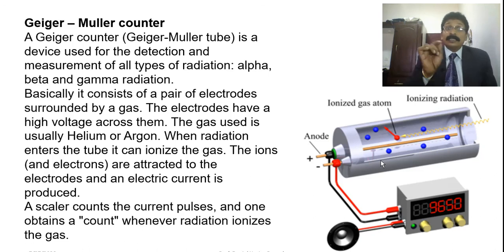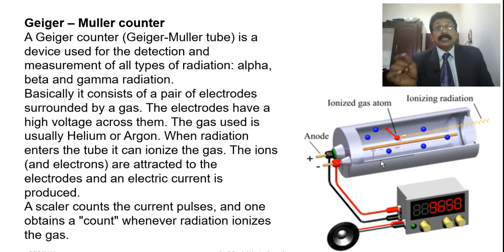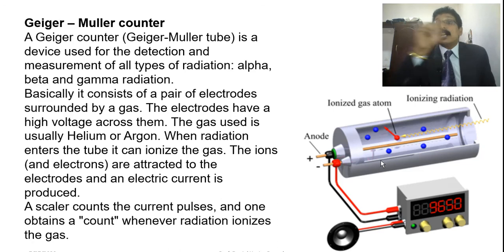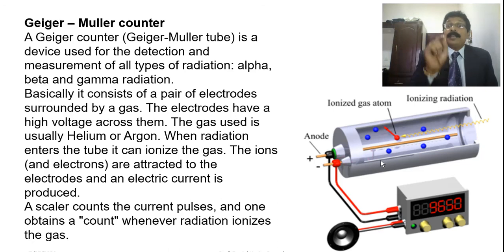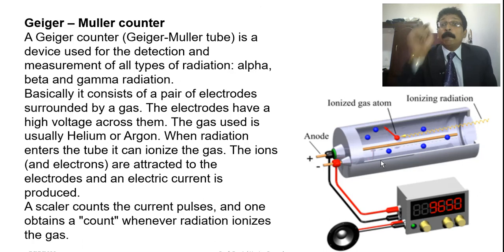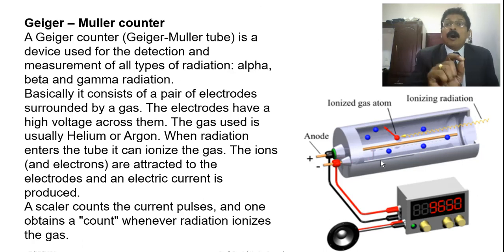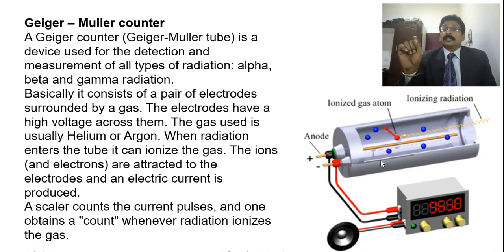The ions, that is electrons, are attracted to the electrode and an electric current is produced. When is this electric current produced? Only when the radioactive substance comes to that particular gas. So the electric current impulse will give you the reading of how much radioactive isotope has come to that particular instrument.